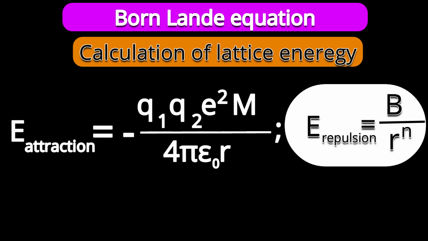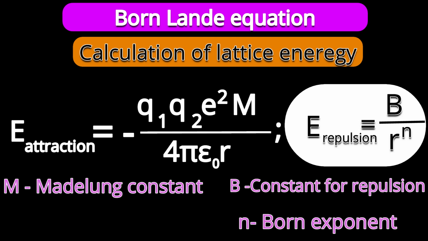The energy for attraction is equal to minus q1 q2 e square into M divided by 4 pi epsilon 0 r. Here M is the Madelung constant. We are discussing each term in detail later on.